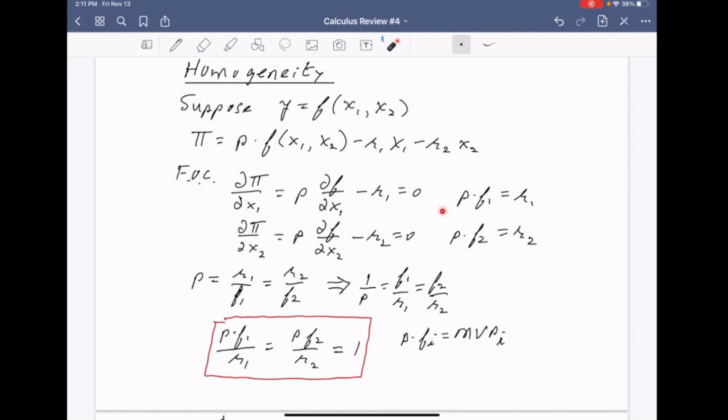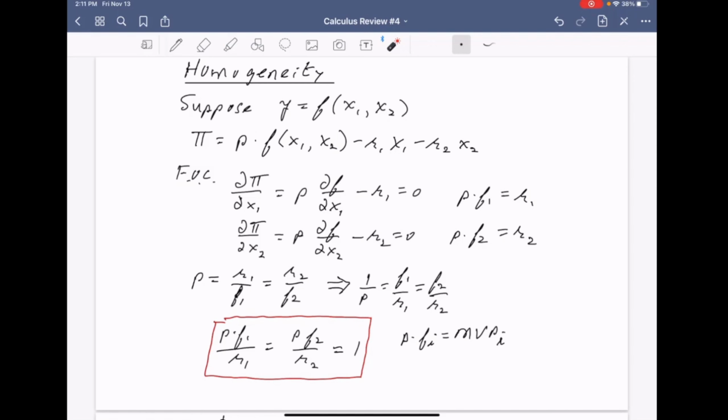So we get these two results. We get P times marginal product of 1 is equal to the input price of that input, and price times marginal product 2 is equal to the price of input 2.